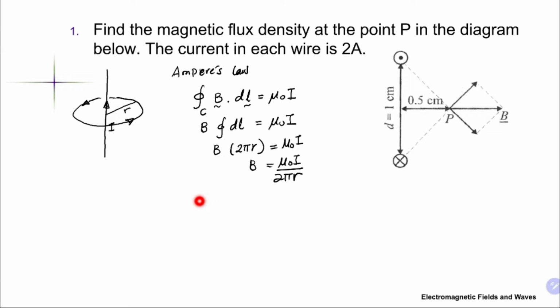Let's look at the one on the top. We have the current flowing out of the page. If I wrap my hand around it, it's going to curve in this direction, so it's going to go counterclockwise. So we know that the magnetic flux here is going to go counterclockwise.